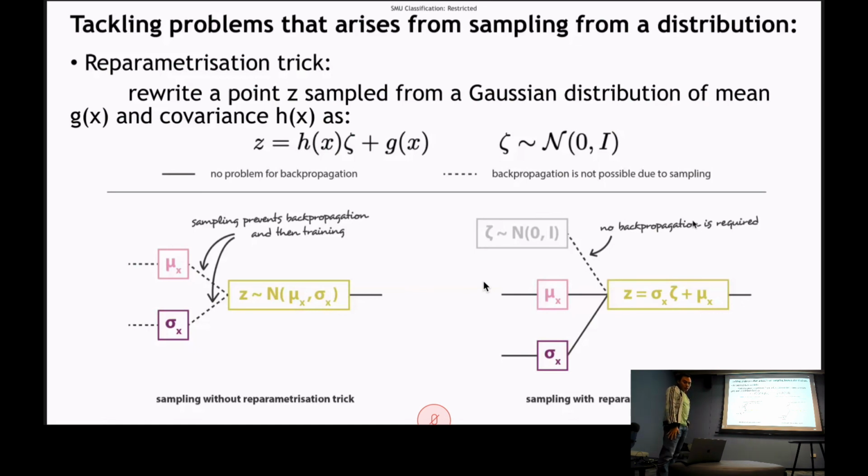To do that, they use a reparametrization trick, which is that they rewrite the point sampled from the distribution as a linear combination of the mean and the variance. And as you can see here, if we do that, we can backpropagate the loss as normal in a normal network.